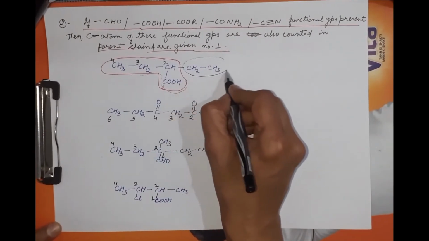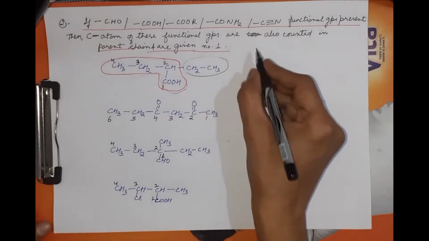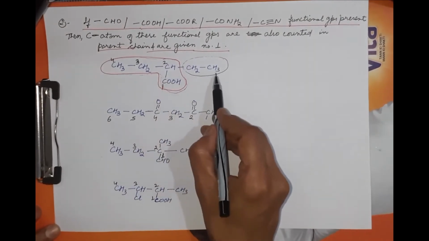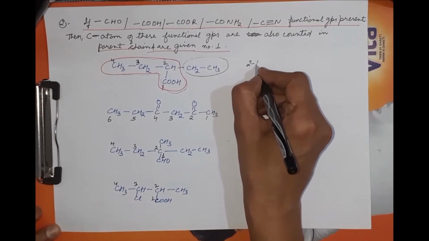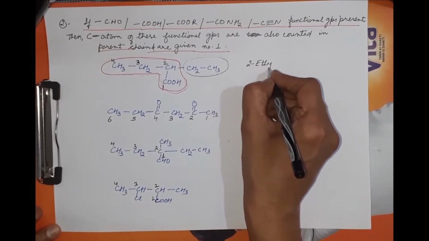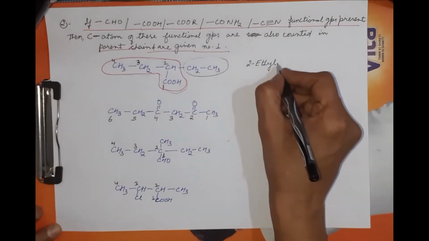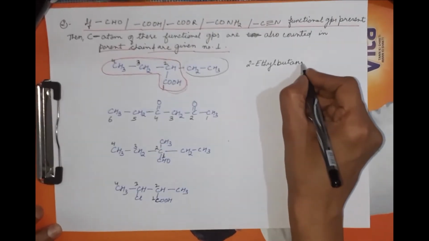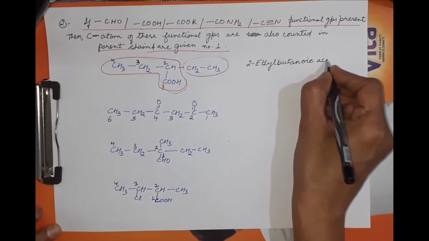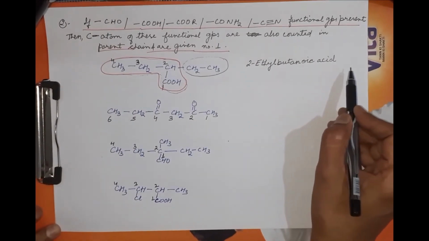And this ethyl group will be the substituent in this case. So what we will write, this substituent is at the 2 position, second carbon. So the name will be 2-ethyl, and the parent chain is a 4 carbon atom chain, 2-ethyl butanoic acid, because for COOH, oic acid is added.